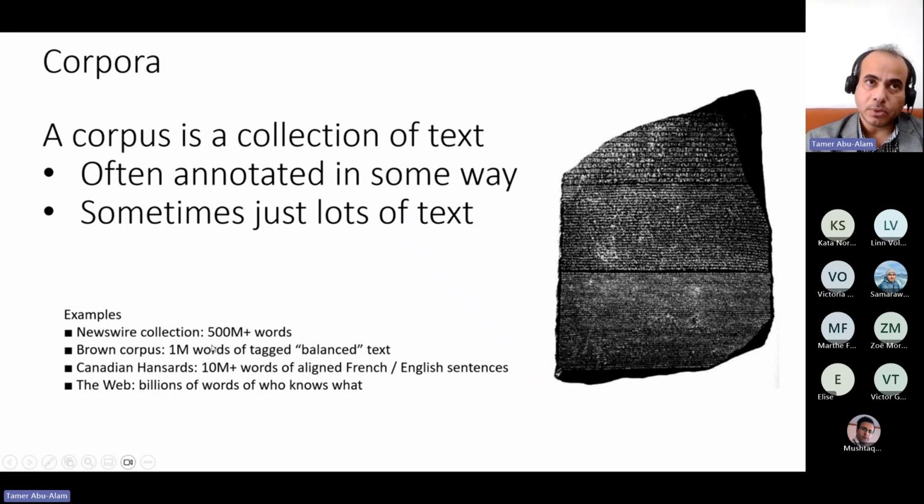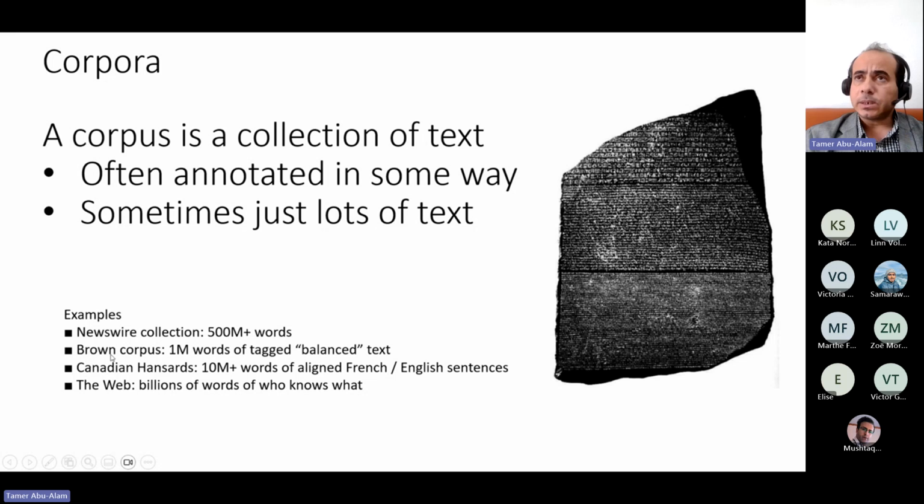So there are people who collect 500 million words, put them in a database, and annotate each word. Like this word is a verb, this word is an adjective, this word is a subject, this word is again maybe a verb, for example.